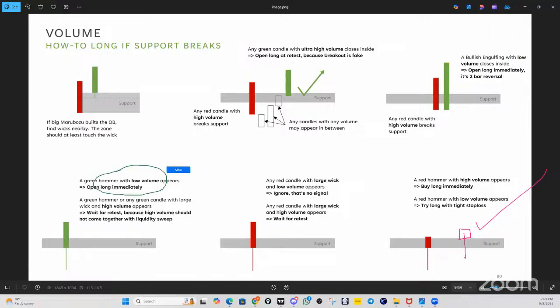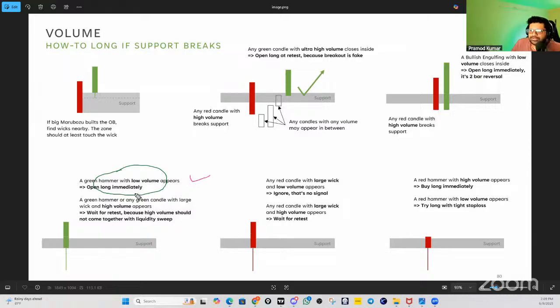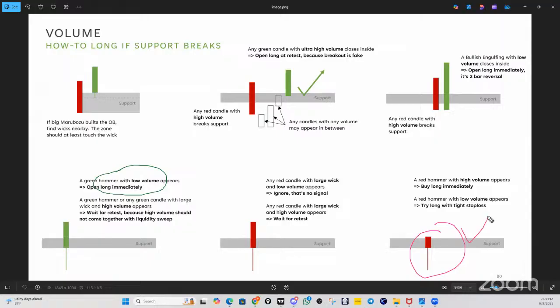Okay, then I can delete it here, because what I wanted to explain here is the green hammer situation, but then it's double. Yes, but what I was seeing here is the hammer body sizes, ma'am. Because sometimes you will see exactly the same green hammer that will be more powerful than this candle also.